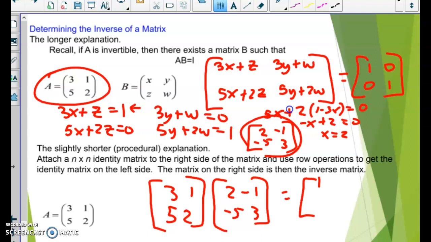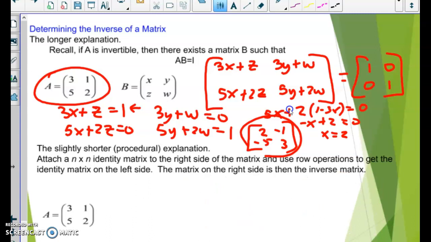And top row, second column gives me negative 3 plus 3 is 0. Second row, first column gives me 10 and negative 10. And second row, second column gives me negative 5 and positive 6. So I get the identity matrix when I multiply them. All right.